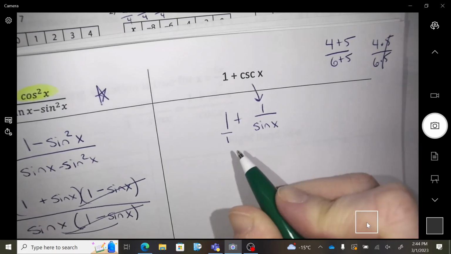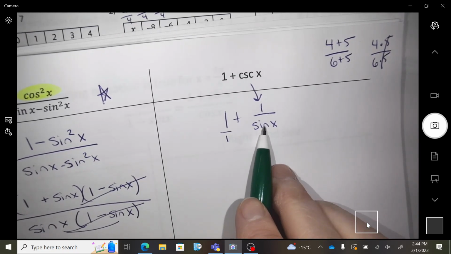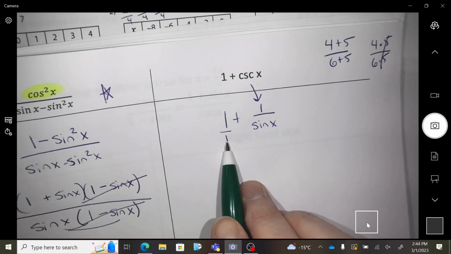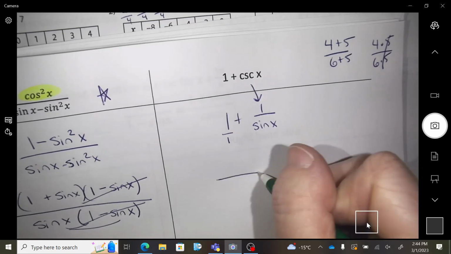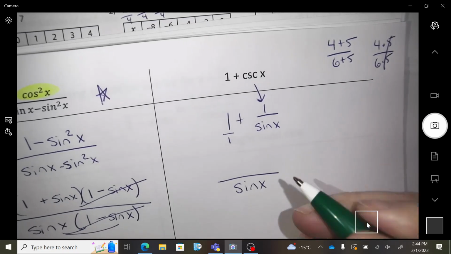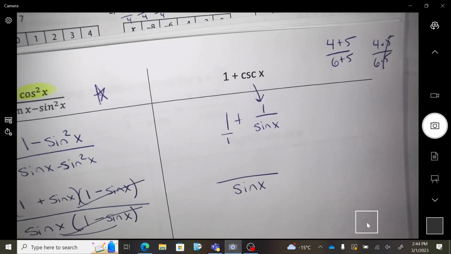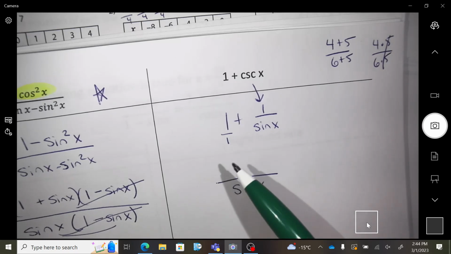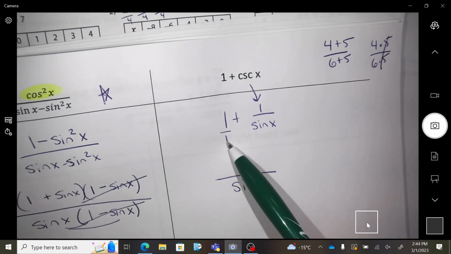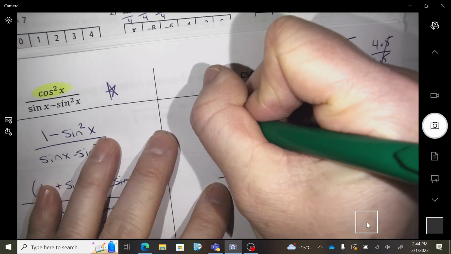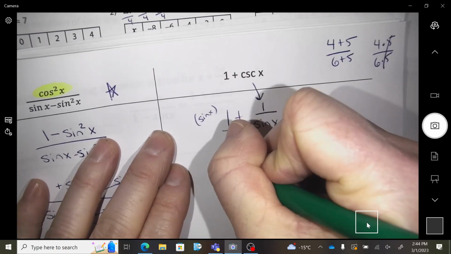Okay, to get this and this together, I would need the bottom to be the same. So I would change both of the bottoms to be sine x. If I was to change this bottom to a sine x, I would have to multiply by sine x.